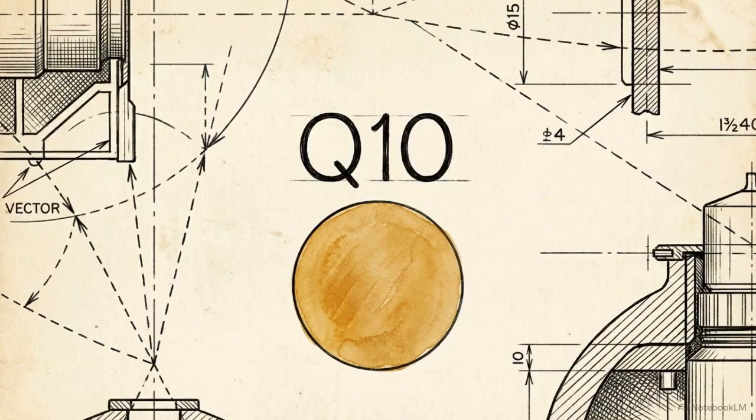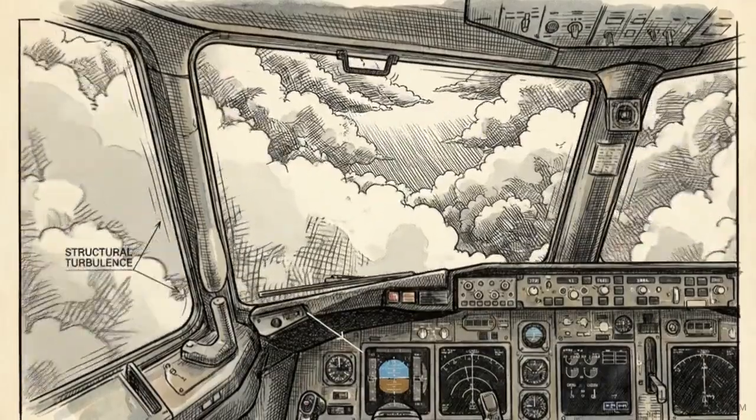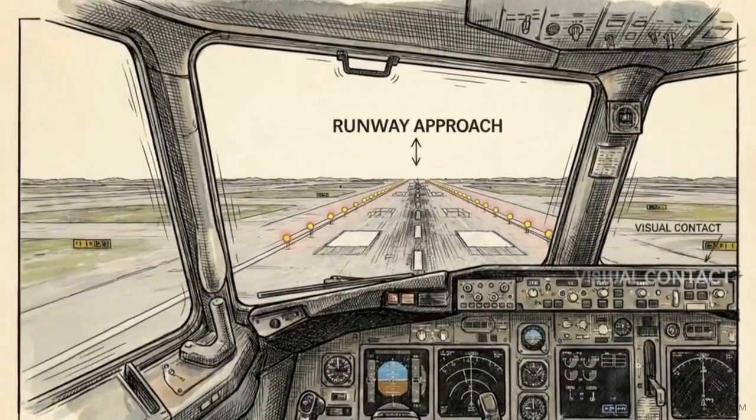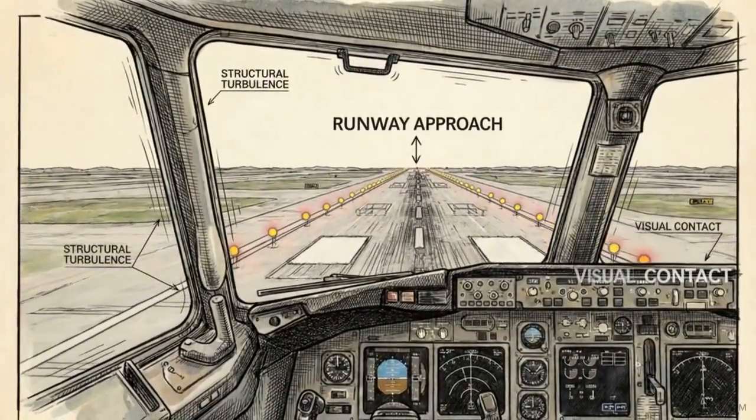Question 10. Middle marker audio and visual, alternating dot dash, amber light. Question 11. Inner marker audio and visual, 6 dots per second, white light. Establishing a strict 3D precision approach corridor requires mathematically pairing completely different frequency bands to prevent signal overlap.